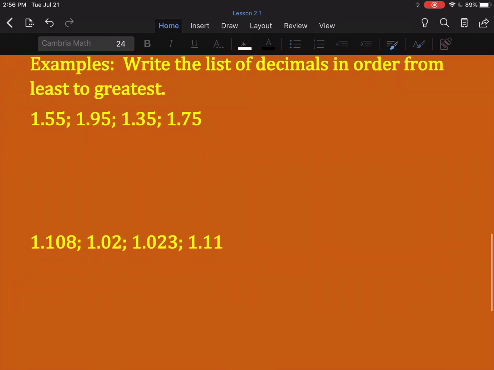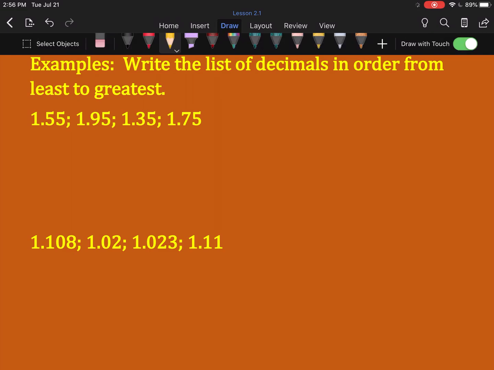And last up, put these two lists in order from least to greatest. Okay, so this first top list is all 1.1 type numbers. So their first digits are all the same. But their second digits are all different: 5, 9, 3, and 7.